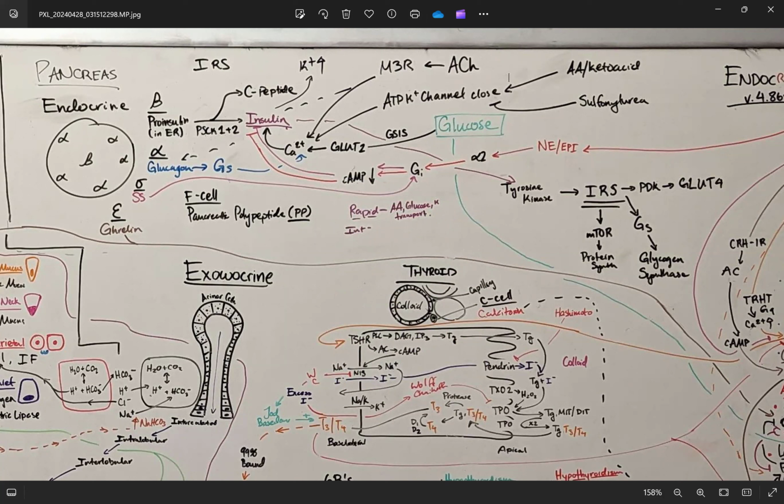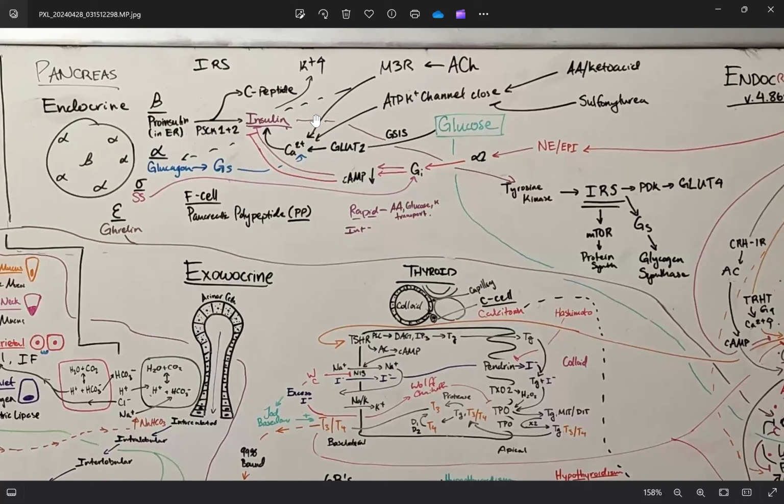What else can cause release of insulin? You can have amino acids and keto acids in your blood that will close your ATP potassium channels. When you close those channels, it depolarizes your beta cells. With depolarization, you increase calcium levels in the cells, which again releases insulin.